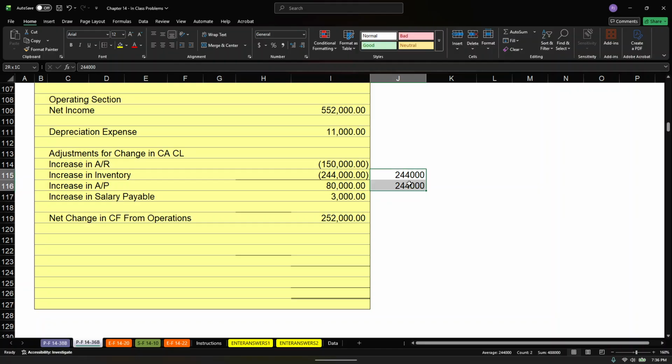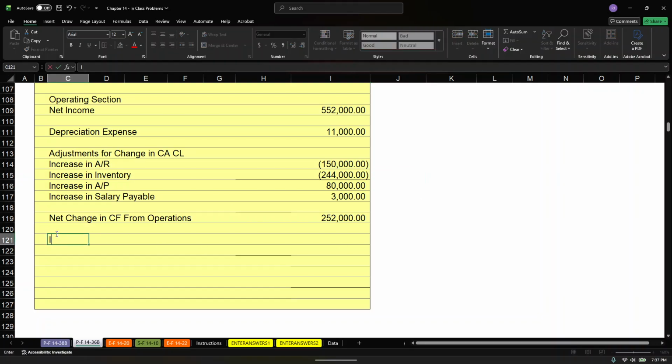And you would see that happen with two offsetting adjustments. So now you've got to trust this process of these adjustments working on a net basis, and they do. Okay, so now move on to the investing section.